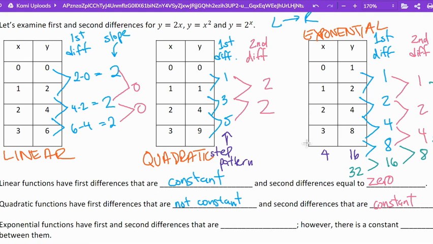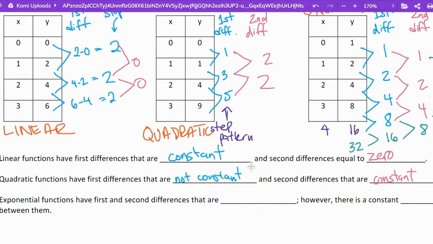And so now that we really looked at it, do you see how beautifully we analyzed it? So in an exponential function, first and second differences are not constant. However, there is a constant factor between them.